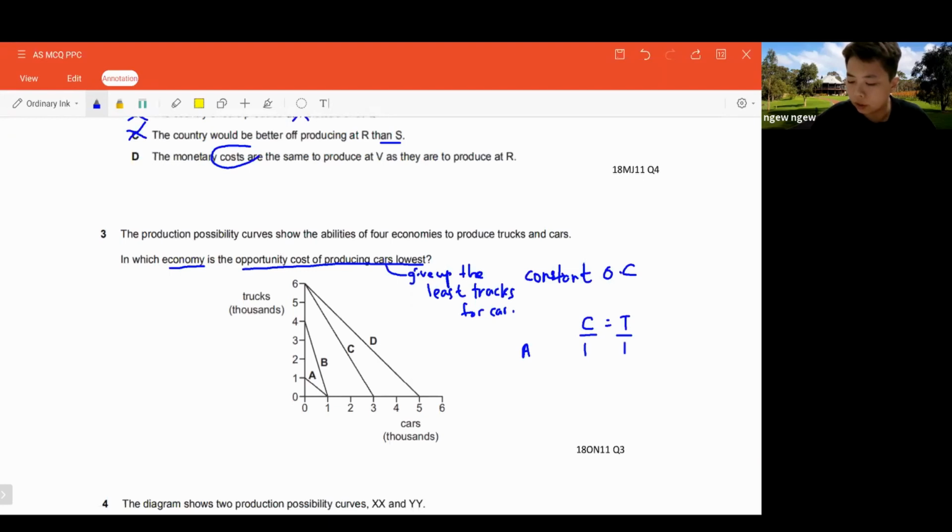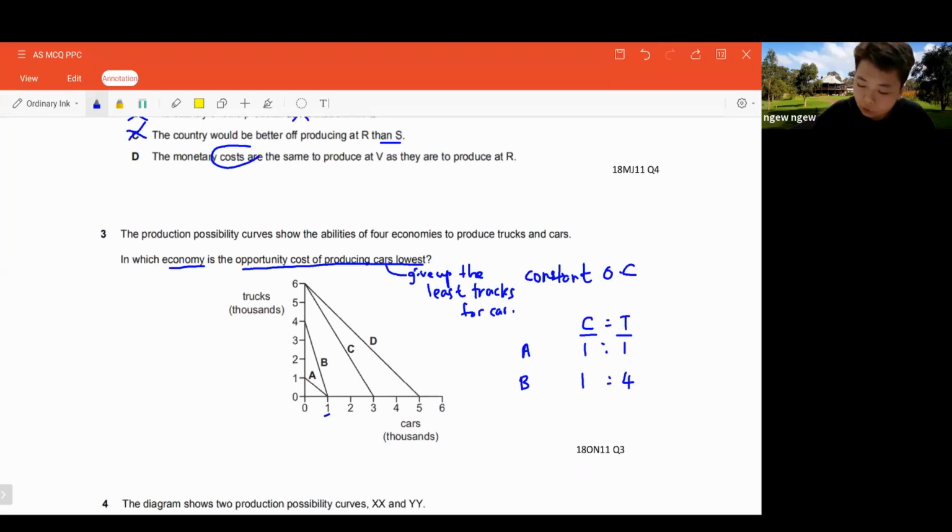So the ratio is 1 to 1, which means if you choose to produce 1 car, you give up 1 truck. Next, for country B, it is 1 to 4. So 1 car to 4 trucks, meaning that by producing 1 car, you will have to give up 4 trucks. So definitely not country B if you compare with A, okay?